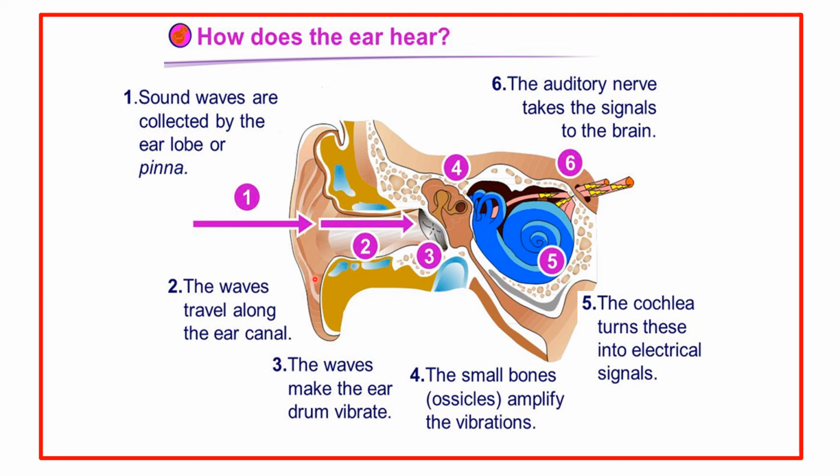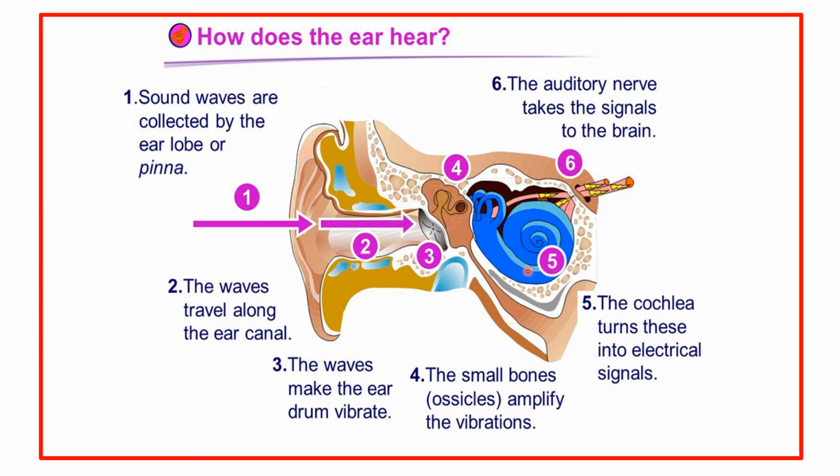So that's it. How does the ear hear? From the sound waves to our earlobe, then travels to the ear canal that will make the eardrum vibrate. Then the small bones or the ossicles will make the vibration louder or amplified.